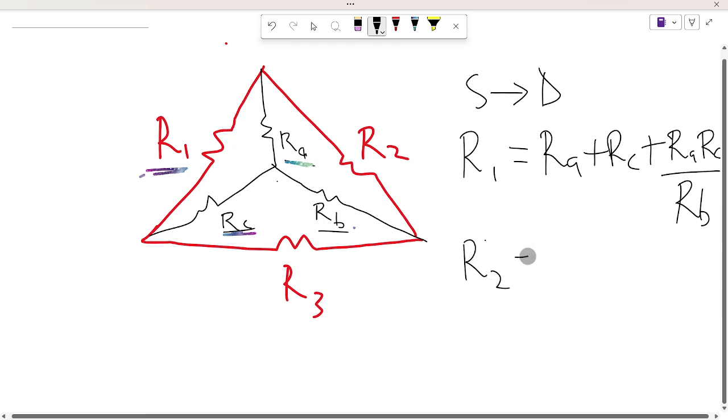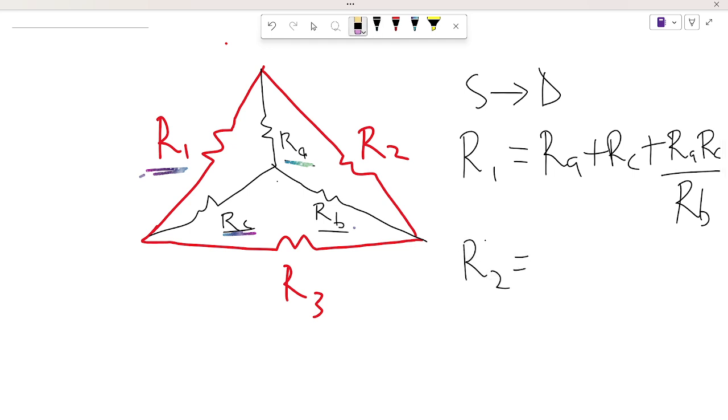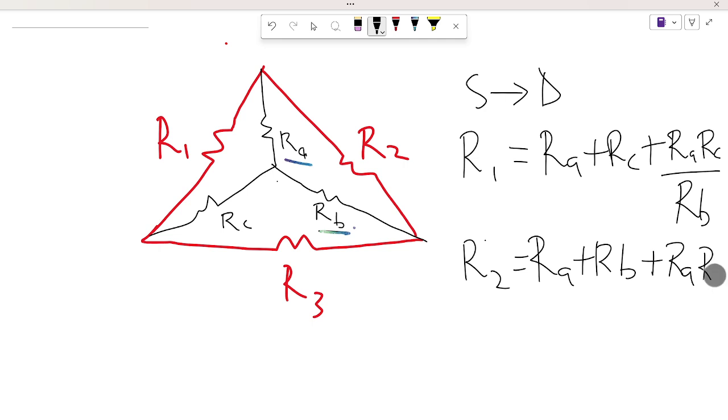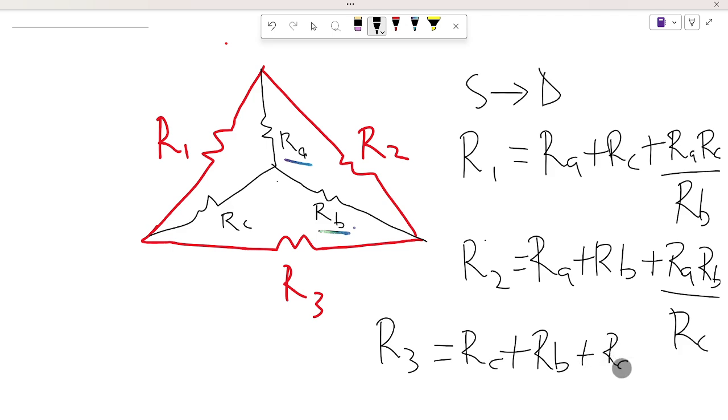The ones adjacent to R2 are RA and RB. So we have RA plus RB plus RA times RB all over RC. And similarly for R3, we have RC plus RB plus RC times RB all over RA.